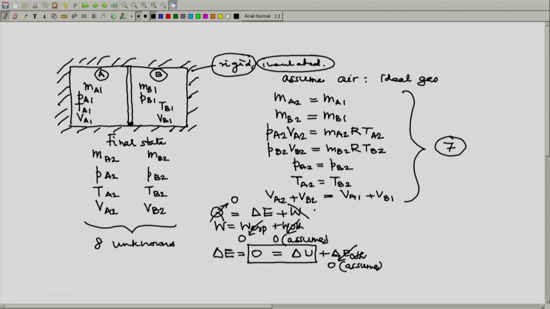The change in the thermal energy of the system does not change through the process, and delta U equals 0 means delta UA plus delta UB is 0. Okay.